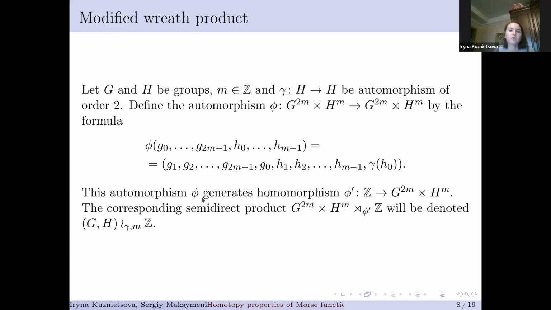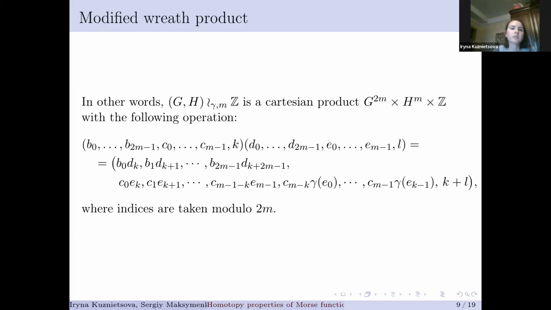And this automorphism generates a homomorphism from Z to G^m times H^m, and the corresponding semidirect product is the modified wreath product. In other words, the modified wreath product is the Cartesian product G^m times H^m times Z with the following operation.